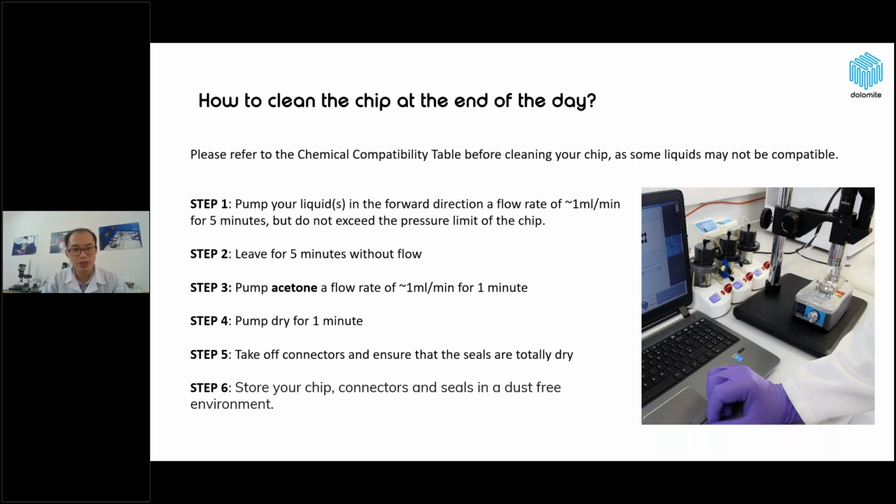So the protocol for cleaning the chip at the end of the day is listed below, with 6 steps. In step 1, you should pump the solvent in the forward direction at a flow rate of 1 ml per minute for 5 minutes, but do not exceed the pressure limit of the chip.